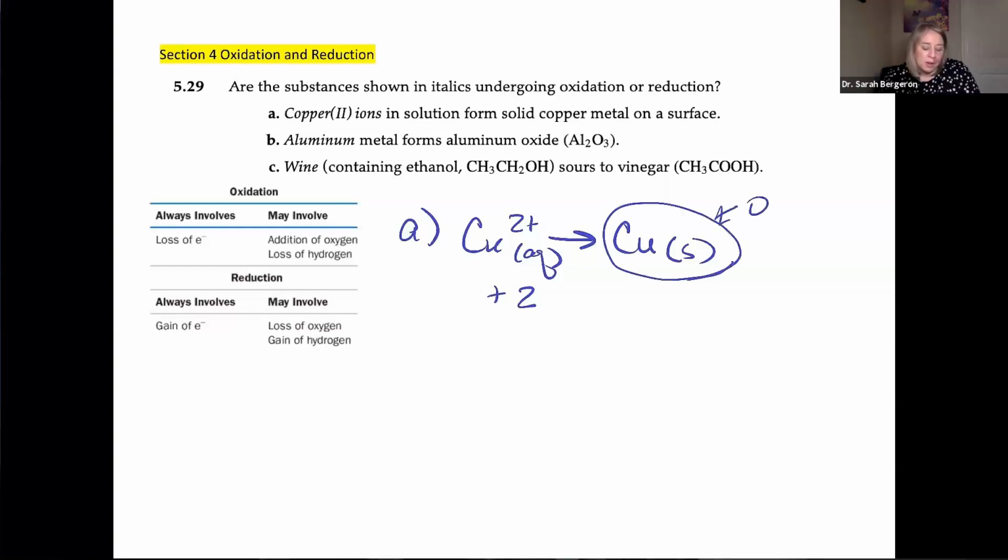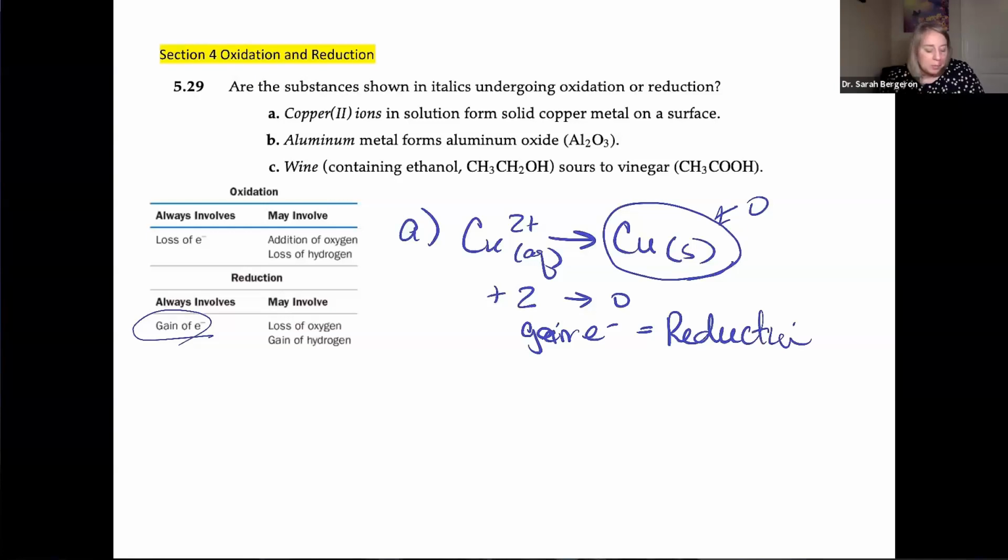Anytime we have a solid, it's always going to be 0. So we go from +2 to 0. So what happened when I went from +2 to 0? How did I reduce my positive charge? I did that by gaining electrons. So I gain, G-A-I-N, gain electrons. And if you gain electrons, come over here, gain of electrons is going to be a reduction.